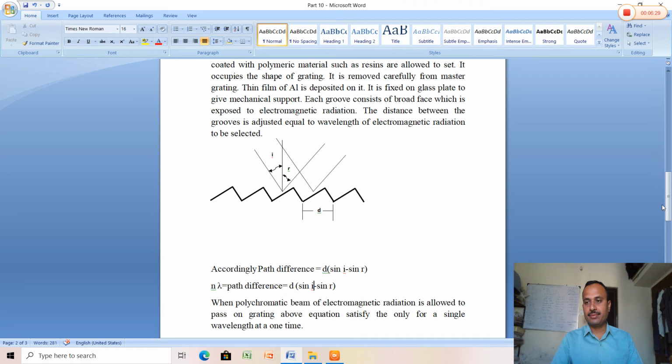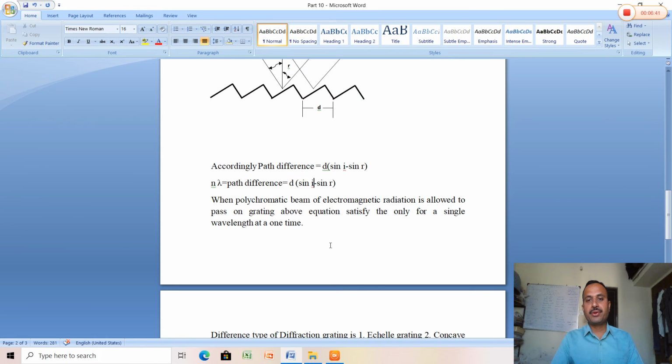When a polychromatic beam of electromagnetic radiation is allowed to pass on the grating, the above equation is satisfied only for a single wavelength at one time. This also depends on the wavefront and the interference obtained from the grooves.